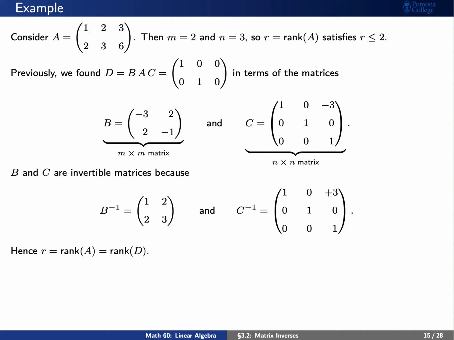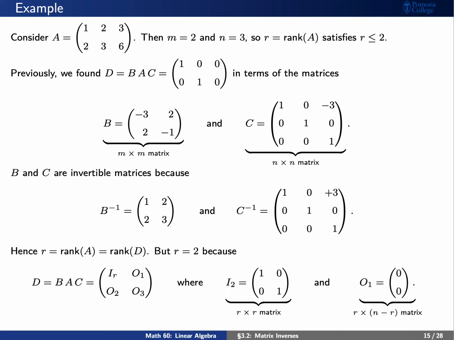Hence, the rank of A must be equal to the rank of D, this number R. Finally, we see that R must be 2 because looking at the matrix D, we see that we actually do have a 2 by 2 identity matrix sitting along the main diagonal.